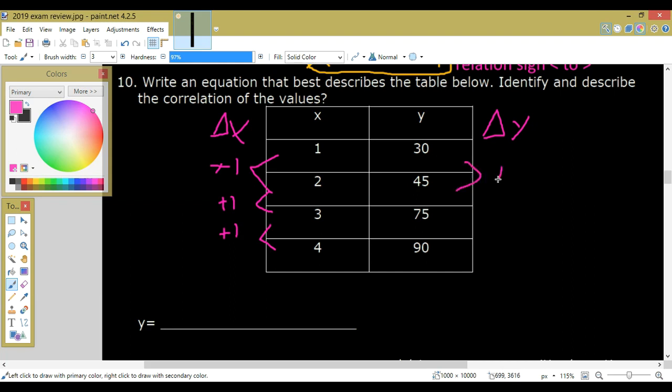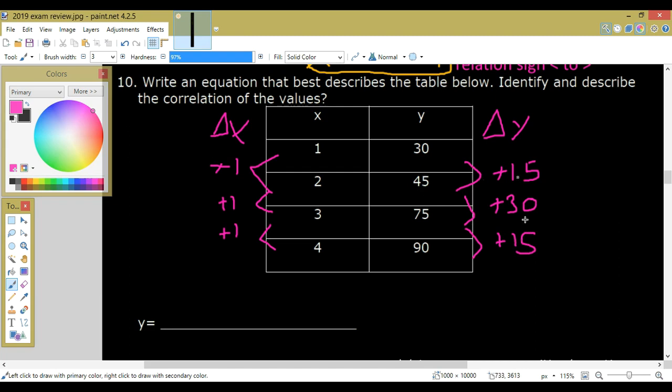30 to 45 is plus 15, but 45 to 75 is not plus 15, it's plus 30. And 75 to 90 is also plus 15.